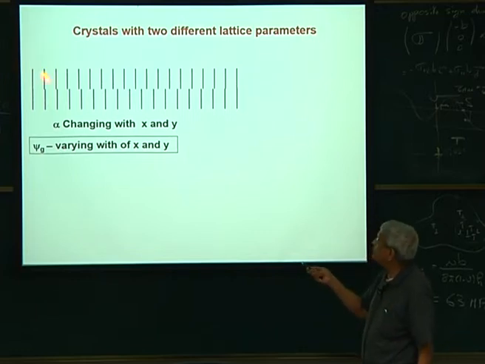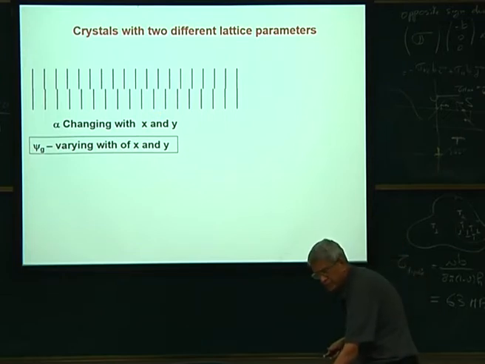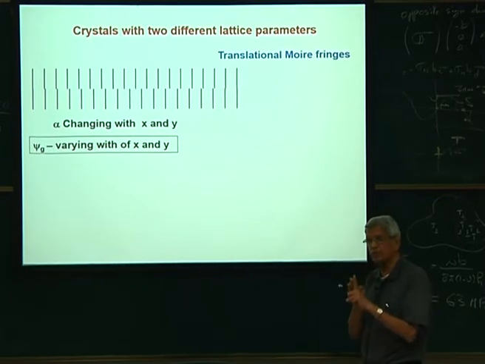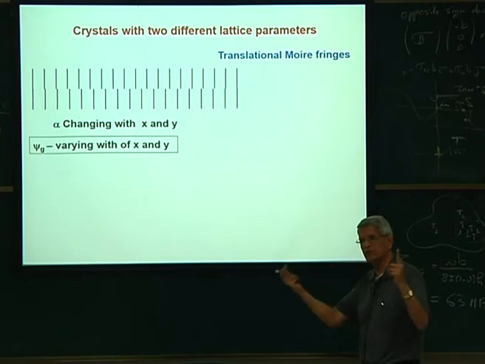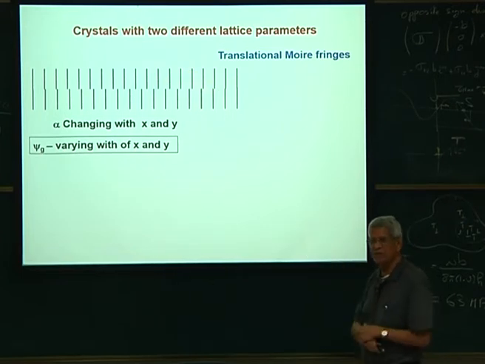When the beam enters from here, some phase differences will be introduced. Waves with two different frequencies are equivalent to two wavelengths if you choose. Here this will have a wavelength λ1, and this will have another wavelength, right? The periodicity, if you look at it. When these two are there, they will give rise to a beat frequency.